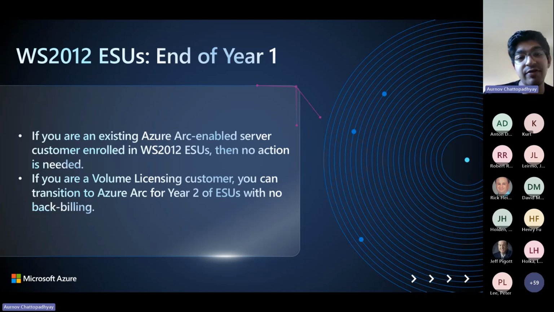Otherwise, if you're continuing on VL, you'll need to reacquire your year 2 ESU MAK keys from volume licensing. So again, that's not automatic if you're a volume licensing customer. Now, if you are one of those transition scenario customers, please note that with the end of year 1 and the start of year 2, we're now going to start charging you for your Azure Arc ESU licenses. So you should expect to start seeing some billing in your Azure accounts.